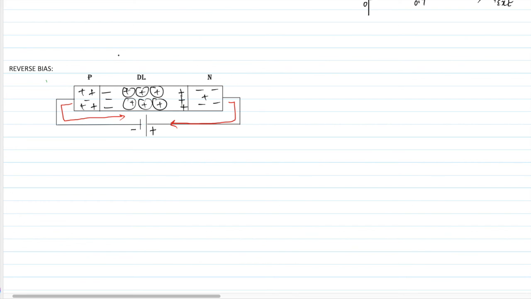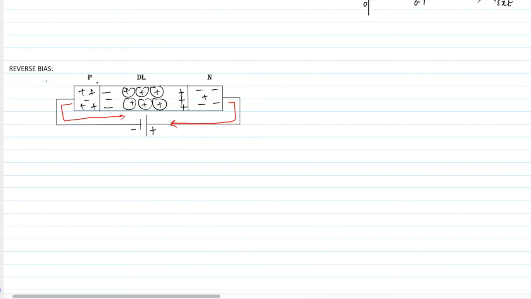Okay, now the majority charge carriers in P layer will move towards the battery and not inside the PN diode. So all the majority charge carriers are moving out of the device, that is are moving towards the battery.